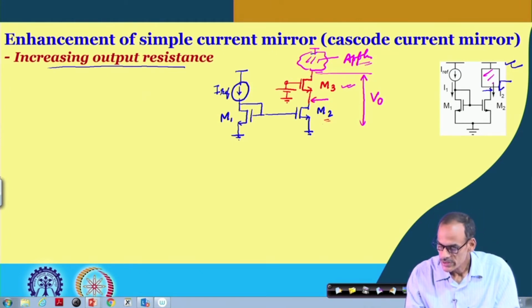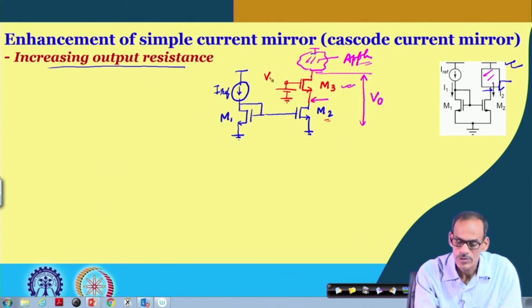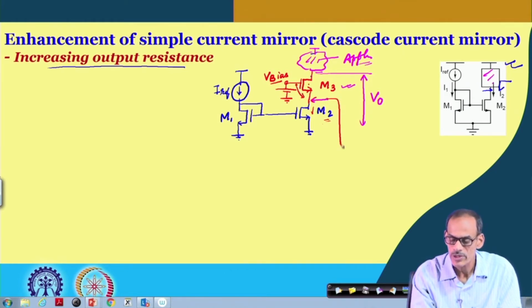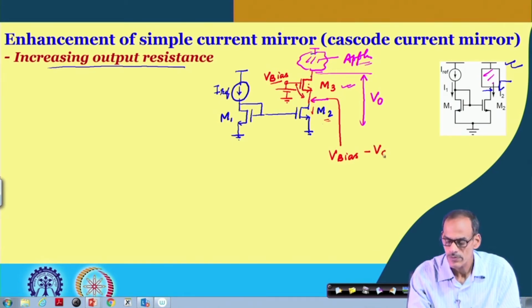So, based on the gate bias, V bias, and the current flow here and the size here, the VGS of this transistor 3 is set. So, the voltage coming here is essentially V bias minus VGS of transistor 3, and this VGS of transistor 3 hardly depends on the output voltage.